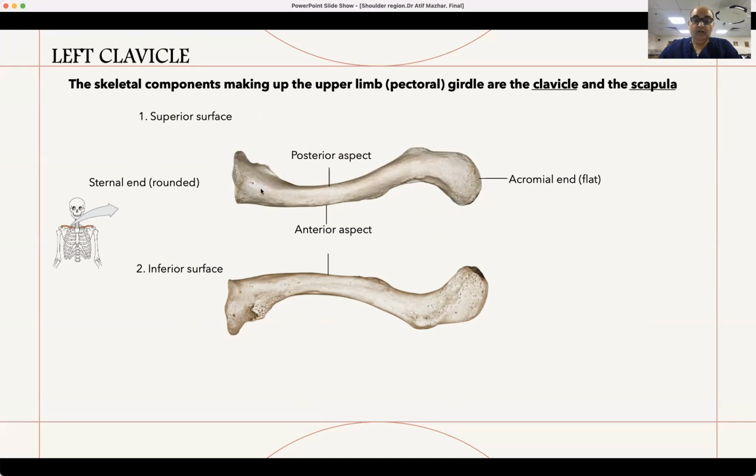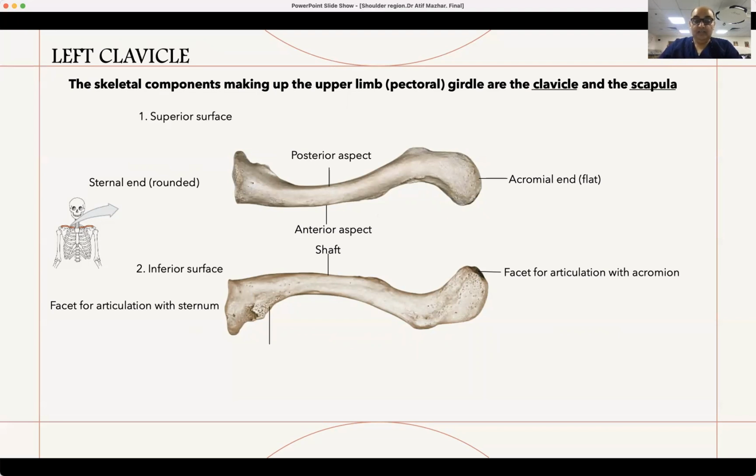The upper surface is smooth, because you can feel your own clavicle. You don't feel any raised areas, but on the undersurface, you can find a lot of bony projections. You can see the facet through which my clavicle articulates with the acromion process. That is at the lateral end.